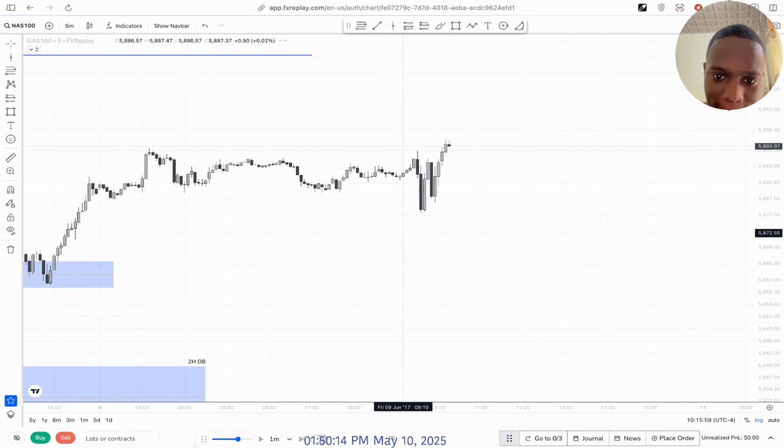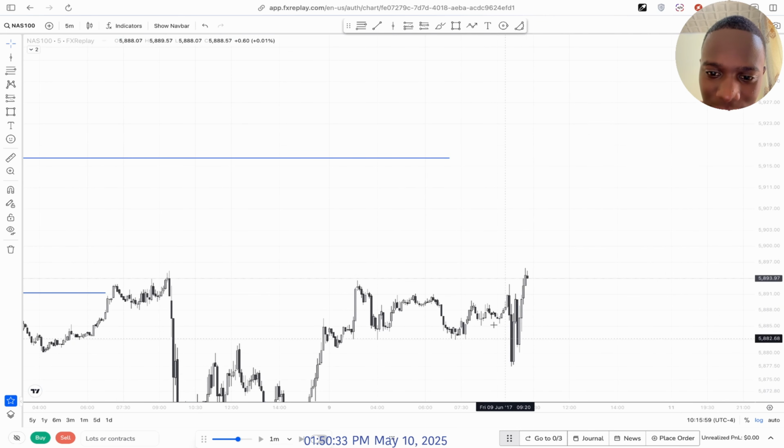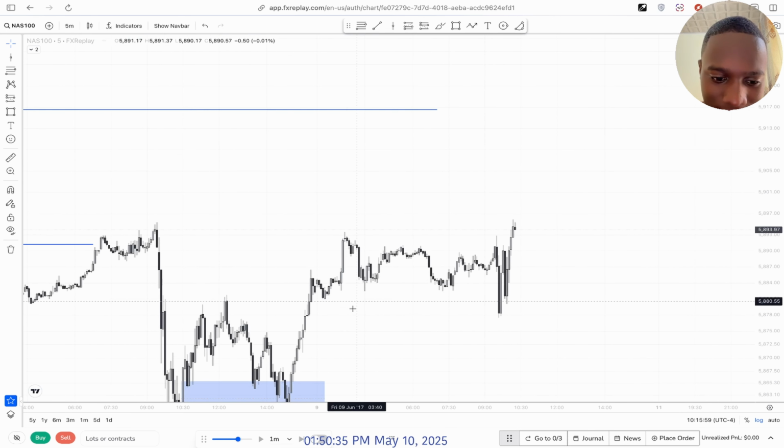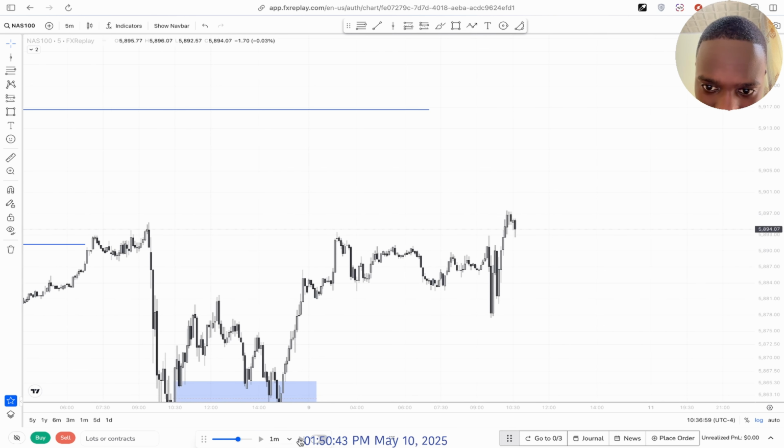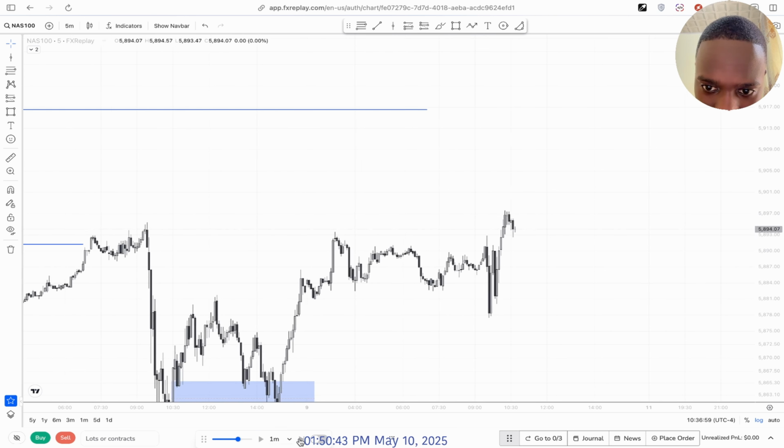Is the 15 minutes showing anything else? For now, nothing else. So if we can get a fair value retracement, we might take a short buy until this level. Drop into here, to this one.